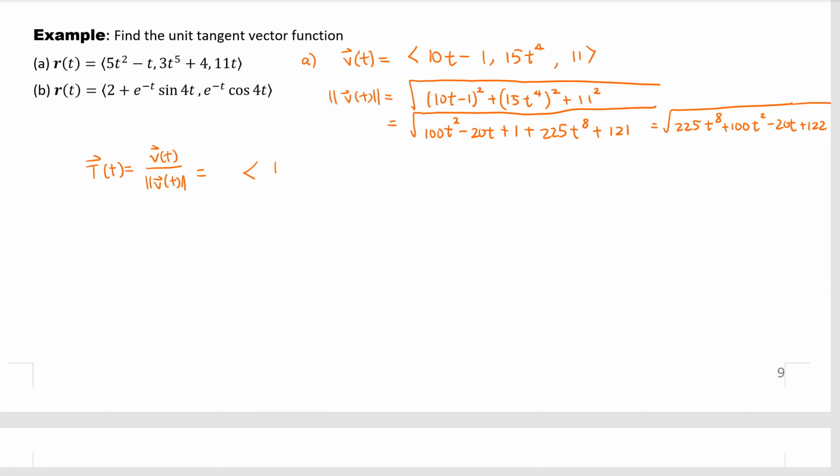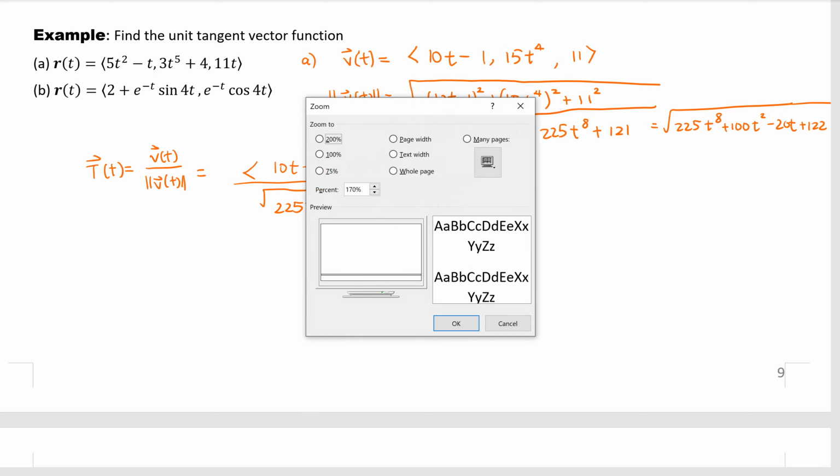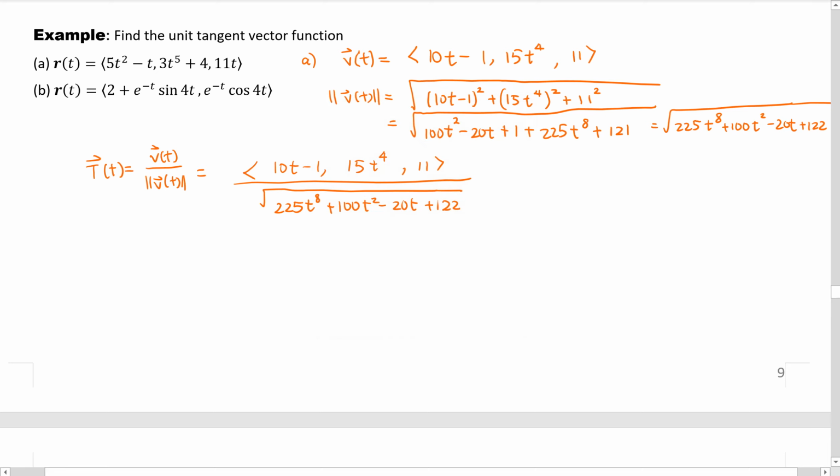So let's just do 10t minus 1, 15t to the 4, 11, all over this length: the square root of 225t to the 8 plus 100t squared minus 20t plus 122. Do you have the same answer? Okay, let's continue.